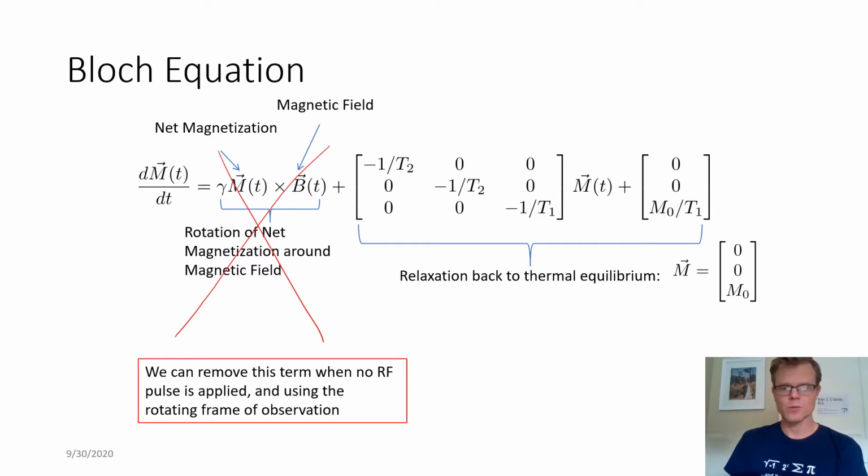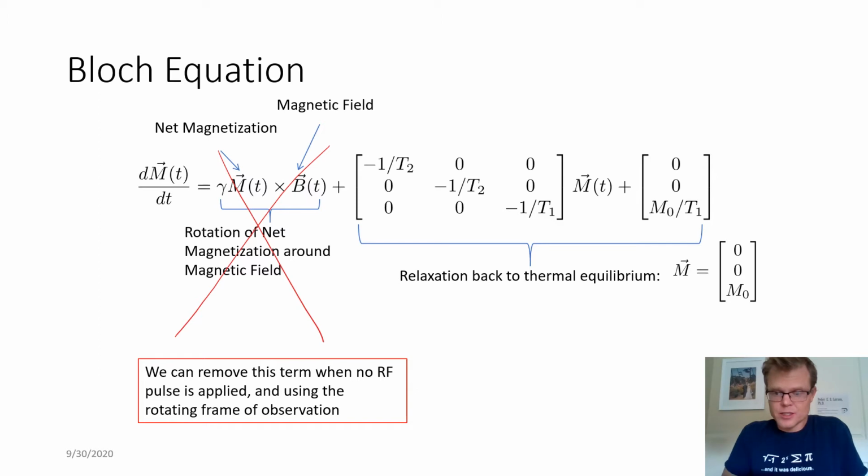So then we're left with just the other side of this differential equation, this term that includes minus 1 over T2, minus 1 over T1, and also M0 over T1. So it includes our relaxation times T1 and T2, and also our equilibrium magnetization M0.